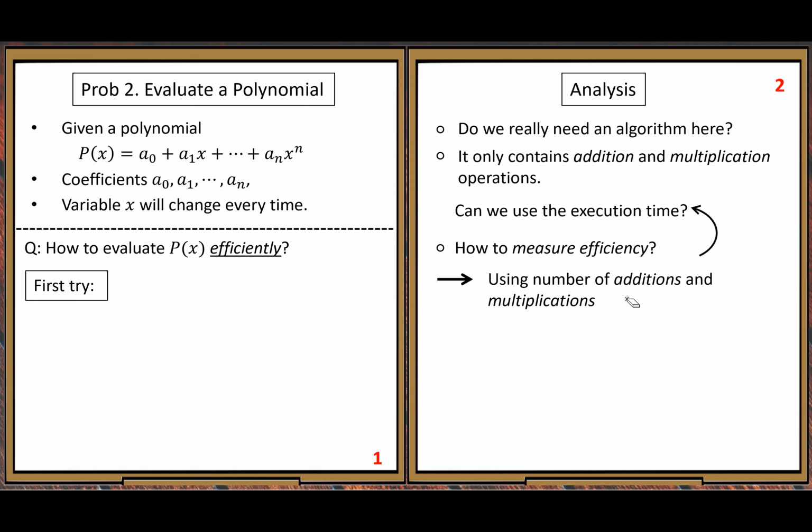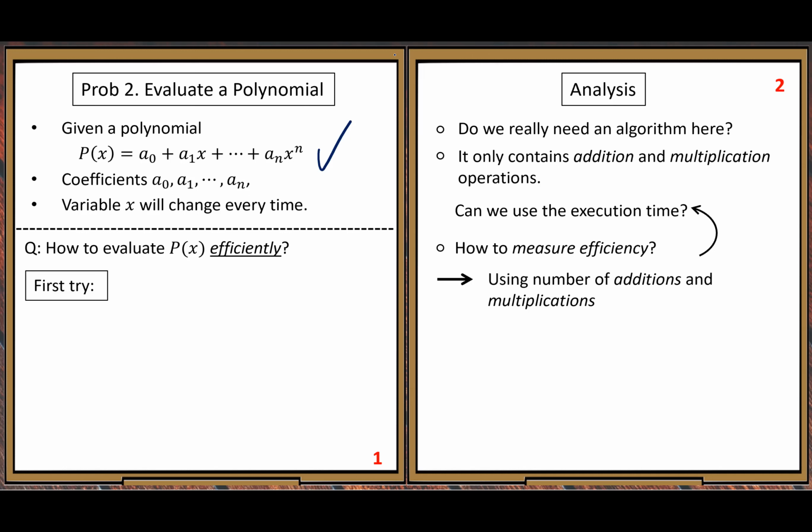Now let's try it. Let's work on it. For the given polynomial, let's count the number of additions and the number of multiplications. Can we do it? Here we need to do counting. In discrete math, you learned the counting techniques, right? Math 3000.